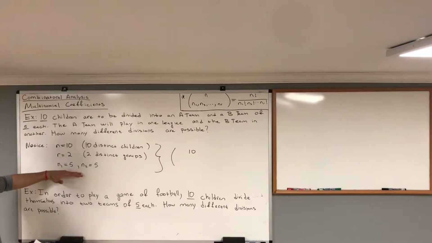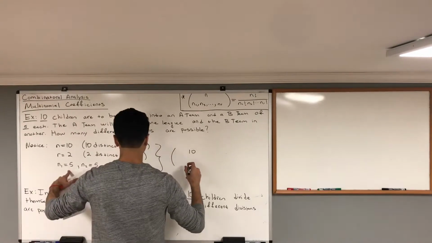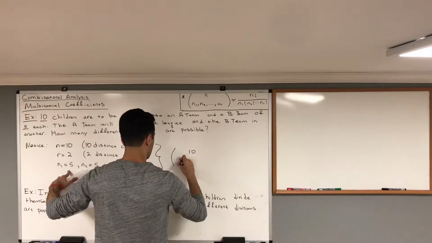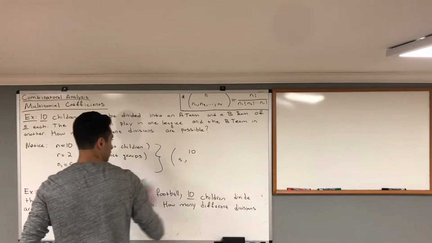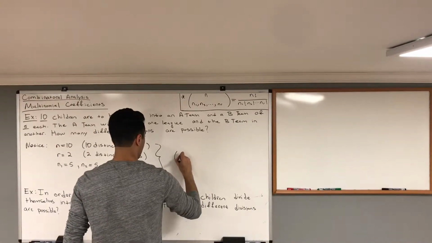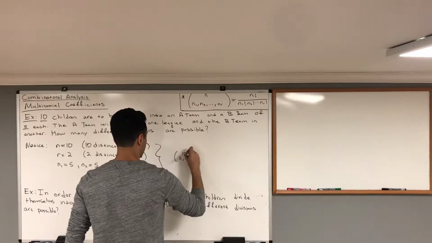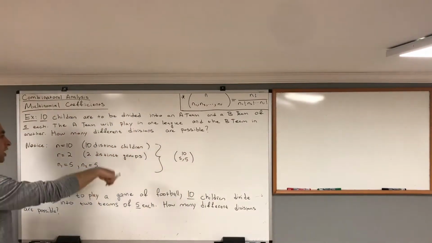And I have only 2 numbers here. So my first n1 is 5. So I should have a 5 over here and another 5 over here, and I have a 10 right there. 10, choose 5, choose 5.